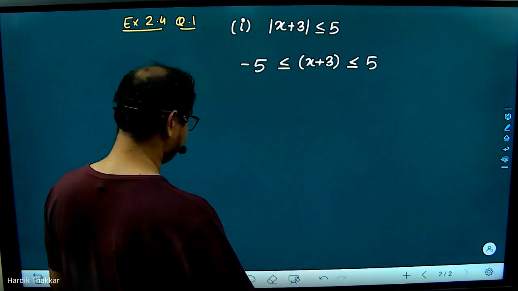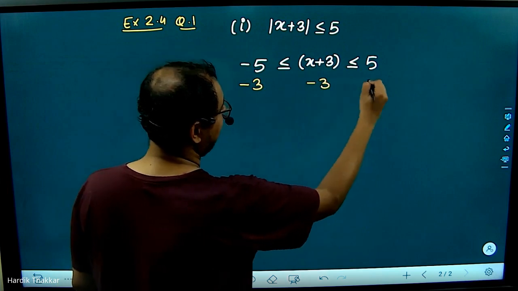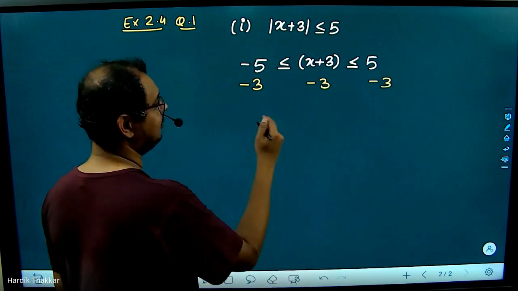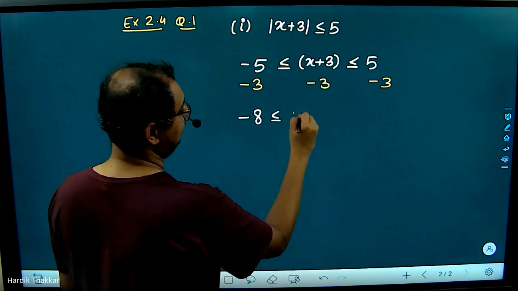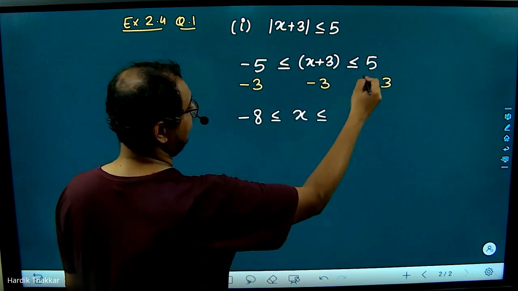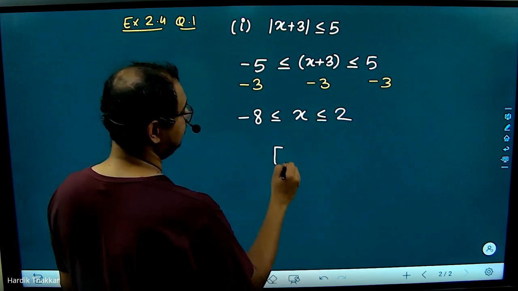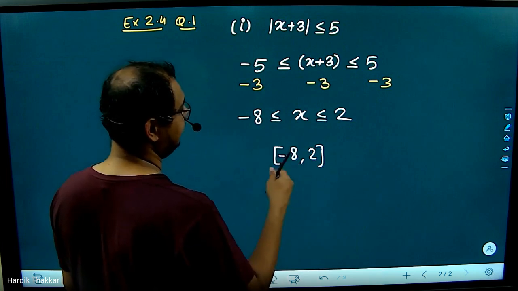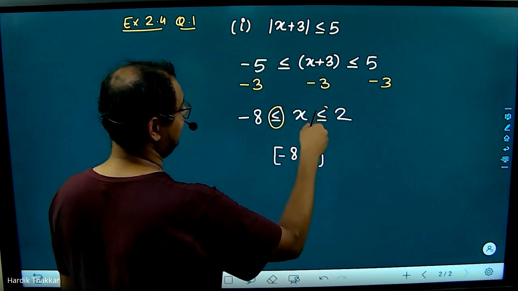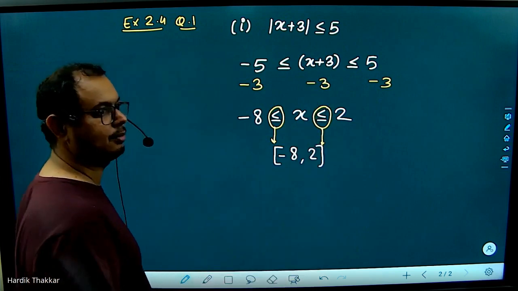For that we will subtract 3 from each term of this inequality. Now the leftmost side will be minus 8, middle term will be x, and the rightmost part will be 2. Now the solution will be minus 8 comma 2. Here both will be included, since there is a slack inequality over here. So this will be our solution.